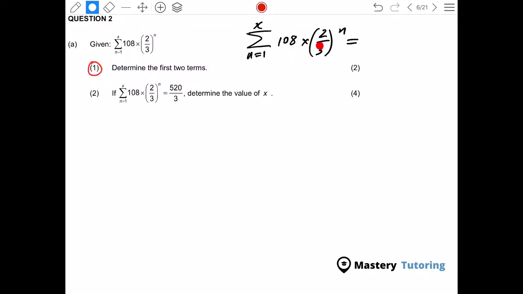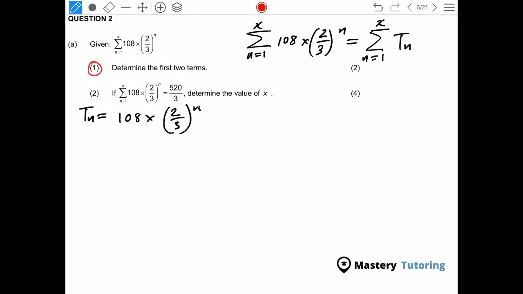This part here is actually the general formula, which is Tn all the time. It's always like that. So we can rewrite it as Tn equals 108 times 2 over 3 to the power of n.